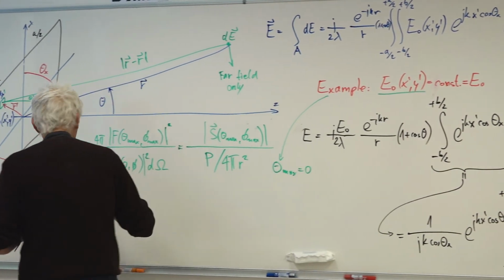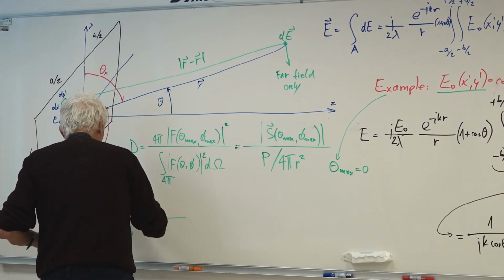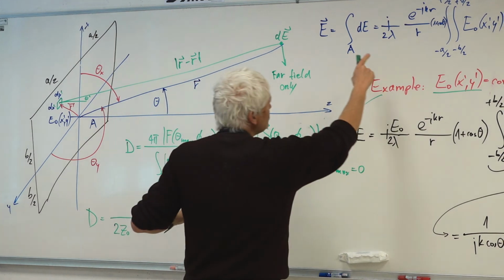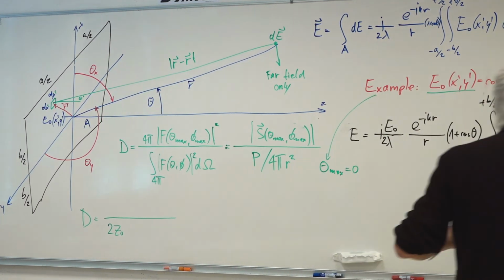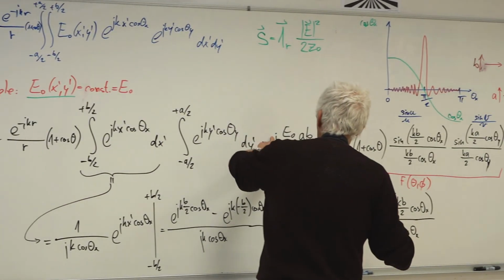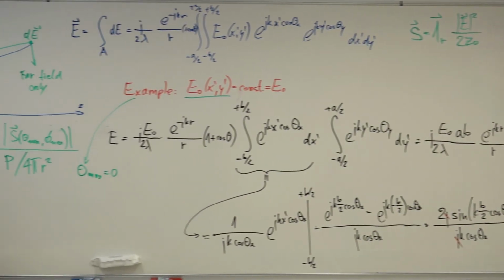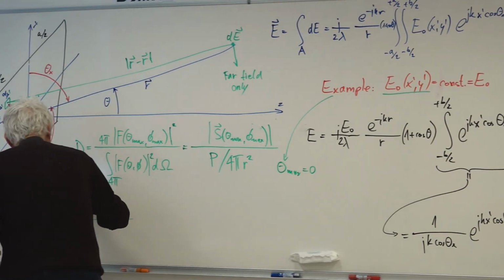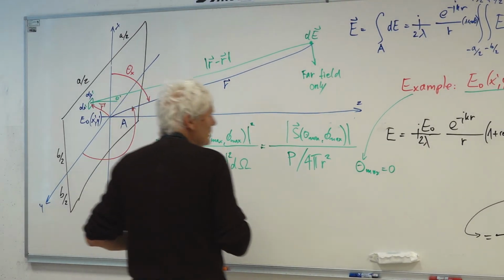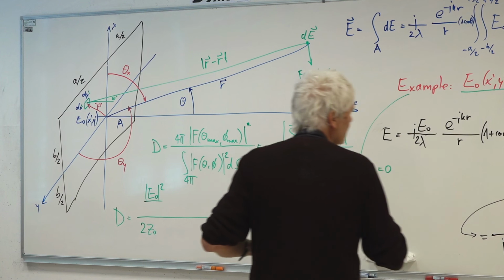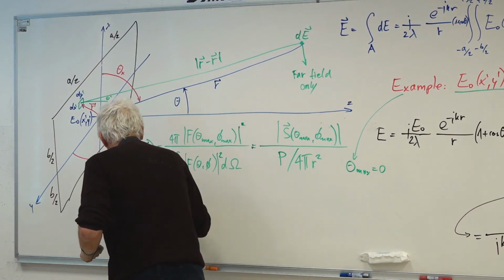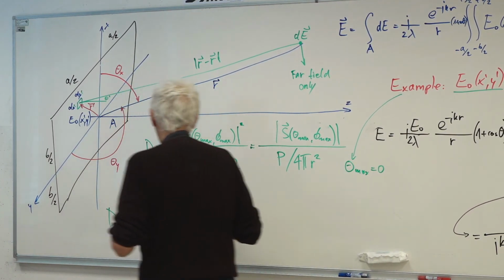So E squared, I have it here. So j goes away, E squared, E0 absolute value squared over 4 lambda squared, okay?